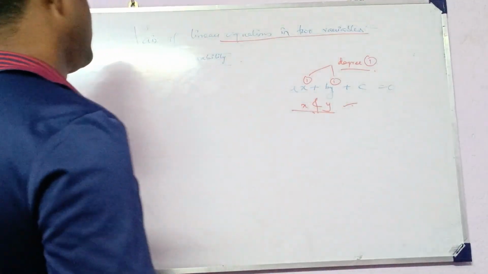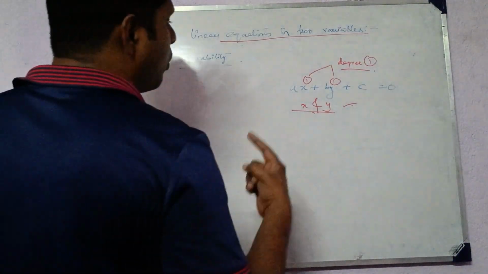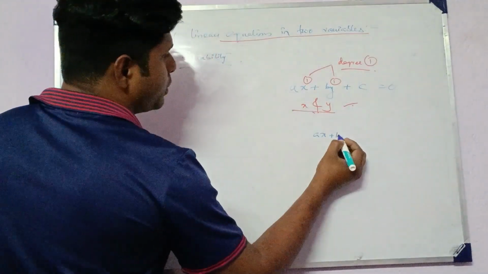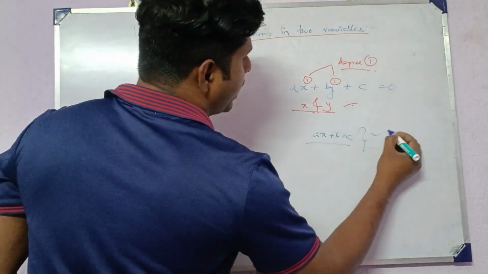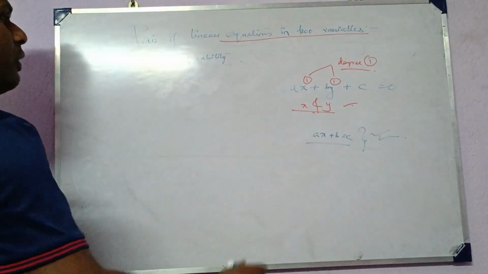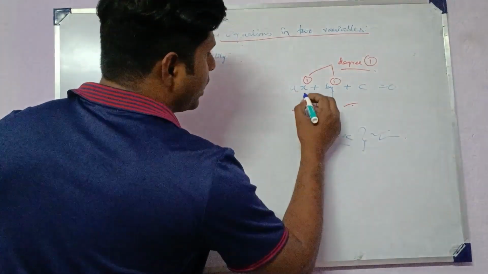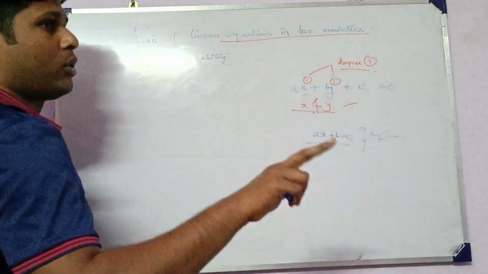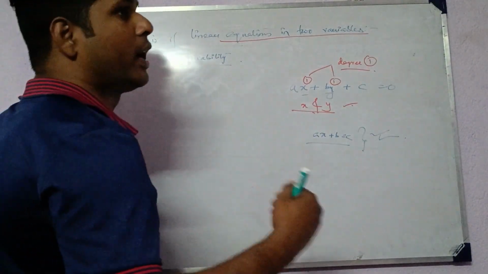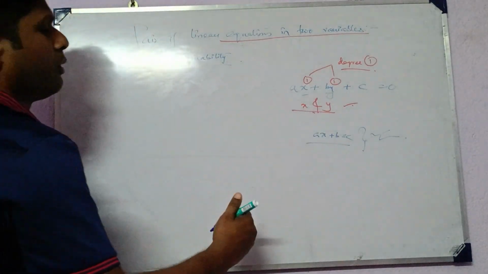Now the fact is, if you have one variable like the previous one, ax plus b equals to c, you need only one equation to find the value of this variable. If you have two variables like here x, y, then you need two equations to solve, to find the values of x and y.